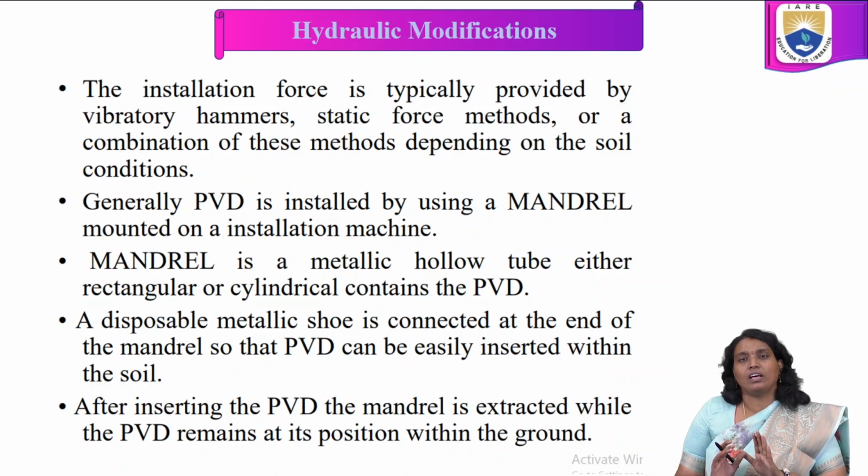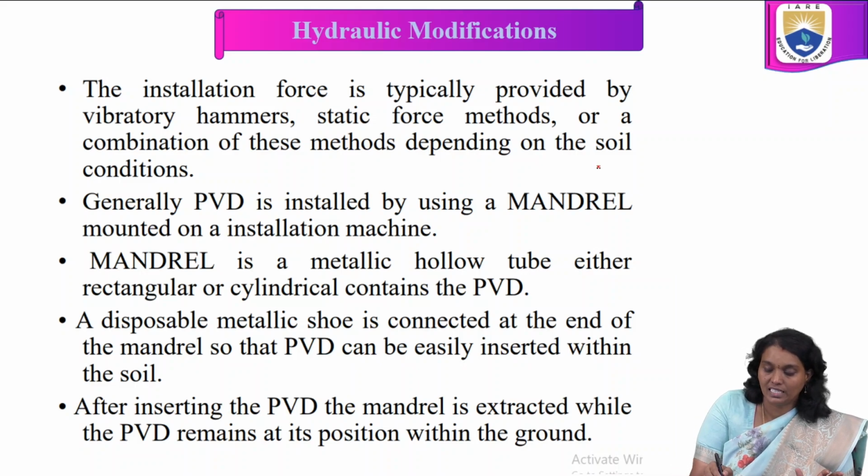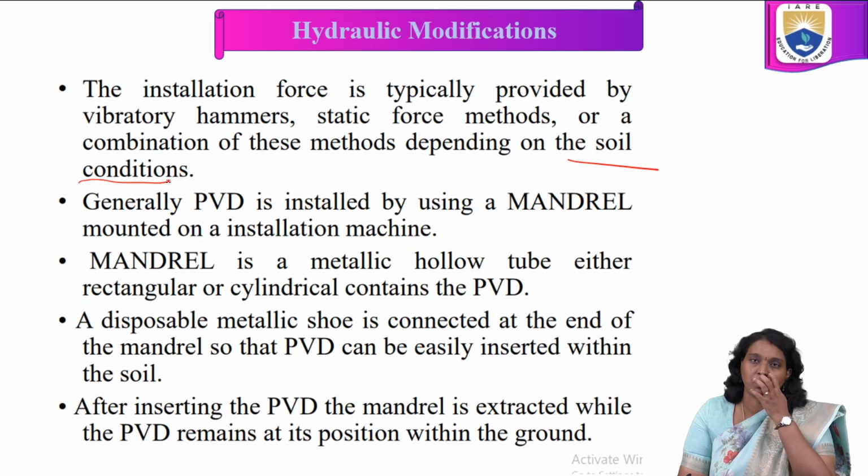It depends on which type of soil is available layer by layer up to the required depth of the drain. Once we understand this, we decide which method is adaptable for the particular soil. The soil condition decides which method is adaptable for the installation procedure.